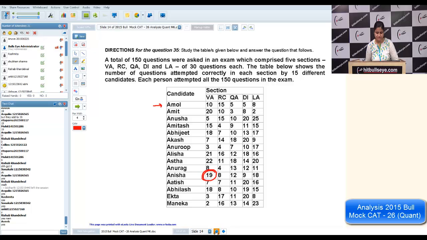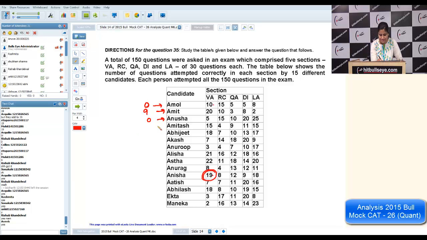At least 10 questions. Since 10 plus 19 comes out to be 29, Amol can have 0 correct common answers with Anisha. For Amit, it will become 9. For Anusha, it will become 0.